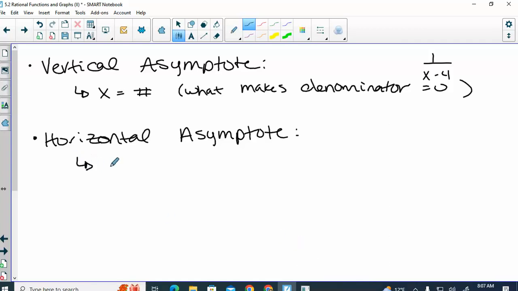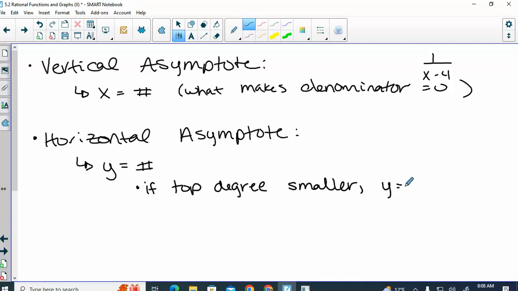Horizontal is going to be y equals a number. Y equals 0, y equals 4, y equals 1/2. Now these occur in certain scenarios. Okay, if the top degree is smaller, it will always be y equals 0.